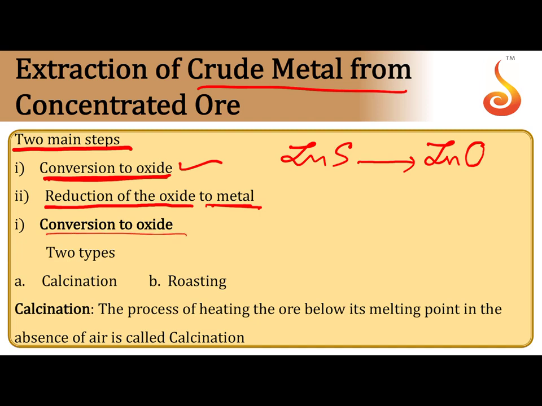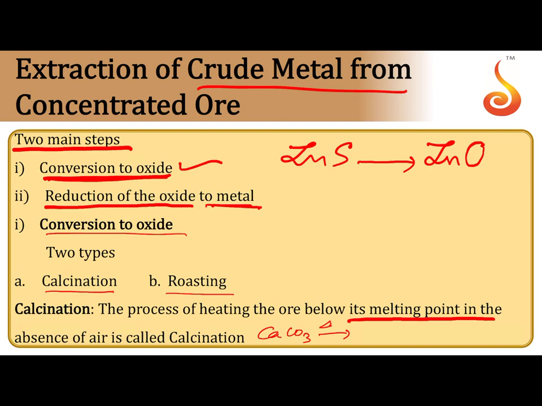Conversion into oxide can be done by two methods. One is calcination, another one is roasting. Calcination is the process of heating the ore below its melting point in the absence of air. Suppose limestone is there. From limestone it is not easy to extract calcium, that is why it is subjected to calcination.